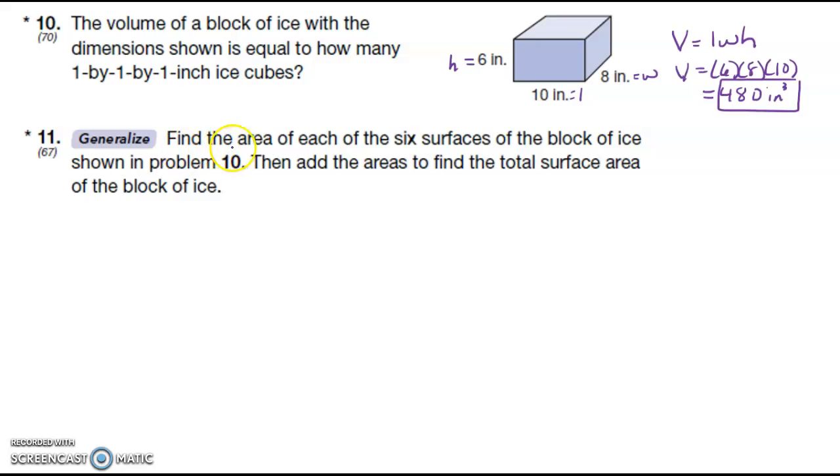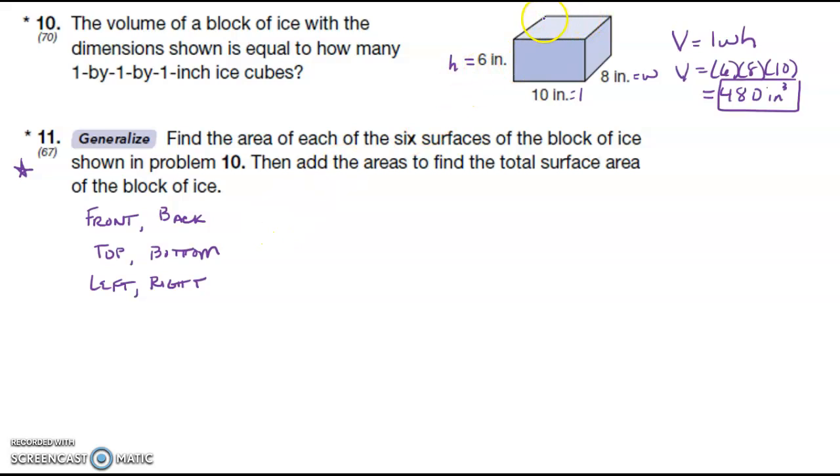And then 11 says, find the area of the 6 surfaces of the block, then add the areas for the total surface. This is not easy. So for the block, I have a front and a back. I have a top and a bottom. I have a left and a right. And since this box is not a cube, each one of these is different.